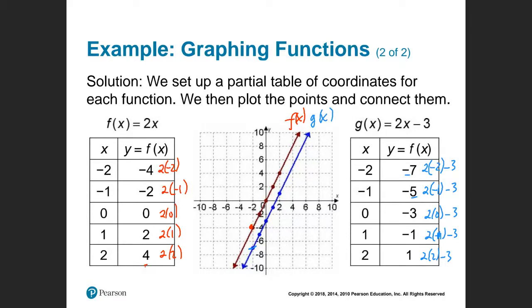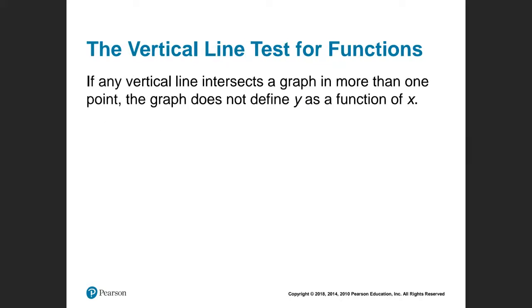It's parallel and going down by 3, because minus 3 means going down by 3. It's the same: f of x equals 2x, g of x is 2x minus 3. Parallel, but shifted down by 3. Okay, now go to the next one.